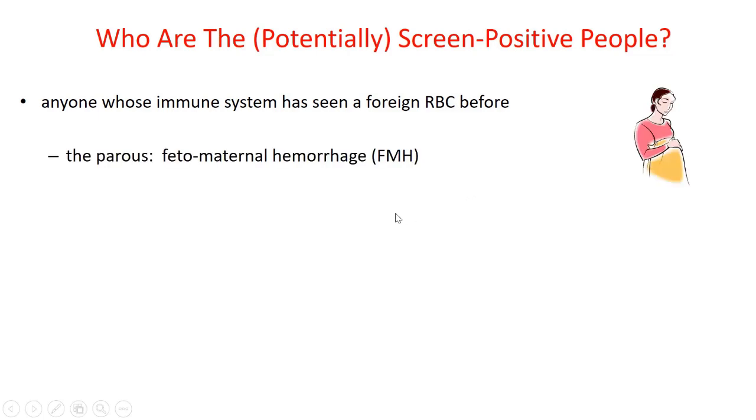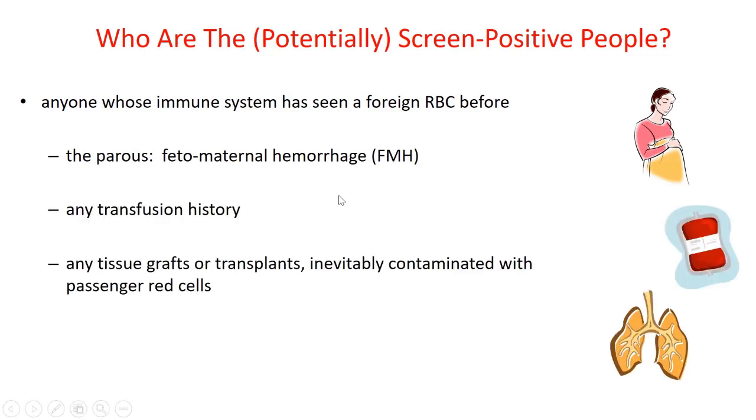This is anyone who's been pregnant. This is because there's a little bit of fetal-maternal hemorrhage occurring at parturition and at any other traumatic or invasive sampling points in the gestation. This can be any transfusion history, obviously, and even exposure to any tissue grafts or transplants that might be contaminated with passenger erythrocytes.